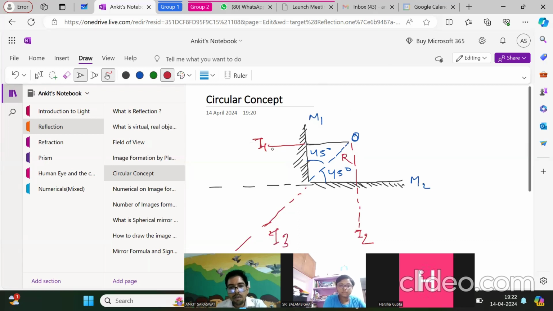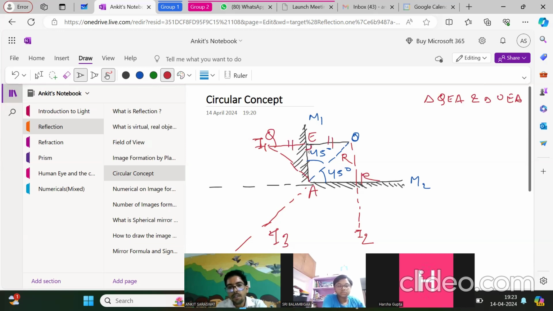Now see, this is a very, very important concept. Tell me, if this is E, this is O, this is A, this is I1, I take Q, this is R. Triangle QEA and triangle OEA: these two triangles are congruent. Can you see? This distance is equal to this distance.